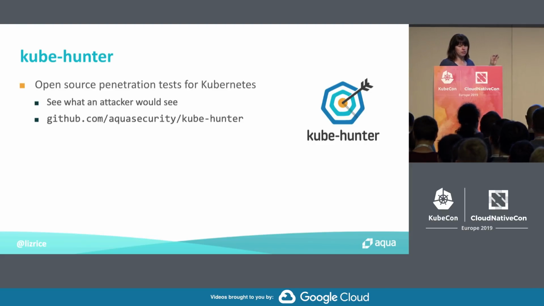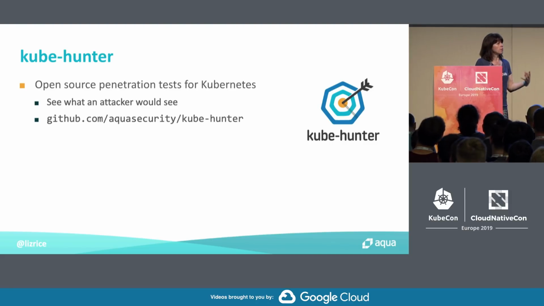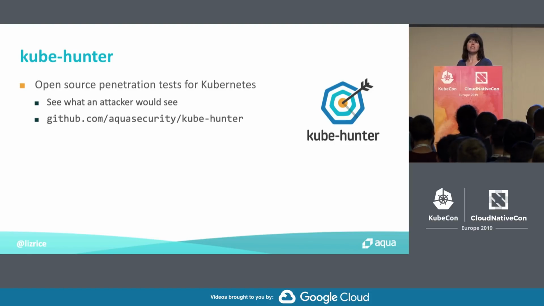So we wrote this tool called KubeHunter, which does some of this penetration testing, specifically looking for misconfigurations in Kubernetes. It's not in any way a replacement for a full penetration test, but given that penetration testing can be pretty expensive, it's nice to have something that can check for open issues, open ports, and so on.